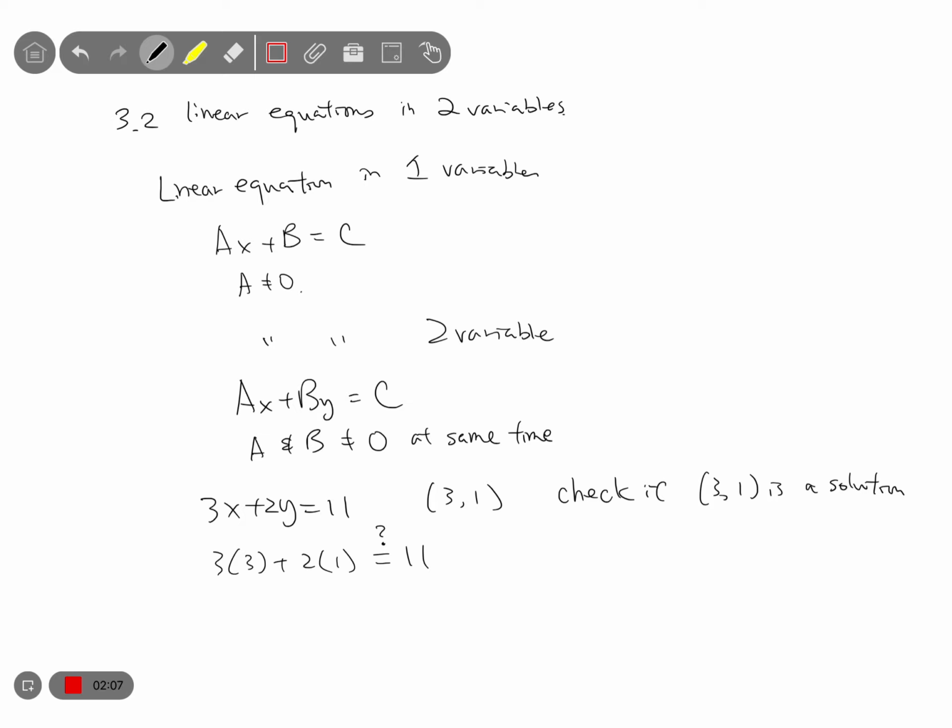Notice I put a question mark there because I'm not sure if it's equal or not. I'm going to simplify my left-hand side. I got 9 plus 2, which is 11, and 11 equals 11. So the point (3, 1) is indeed a solution.